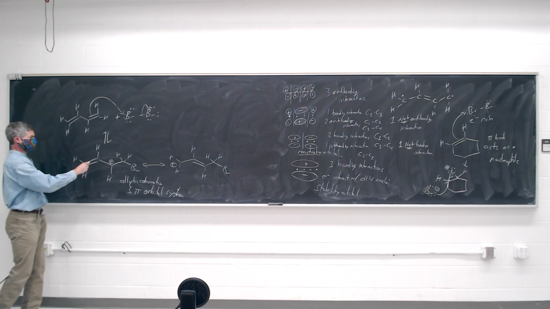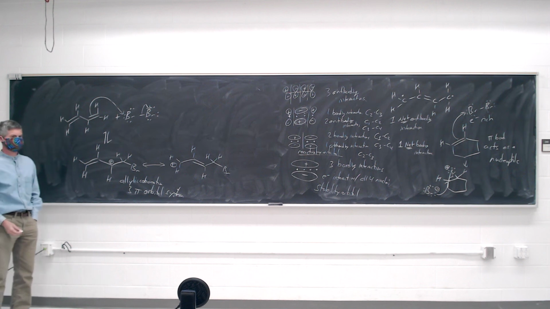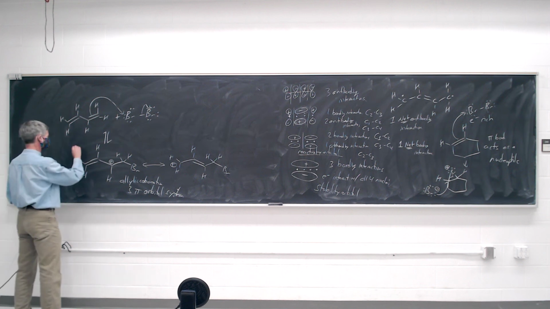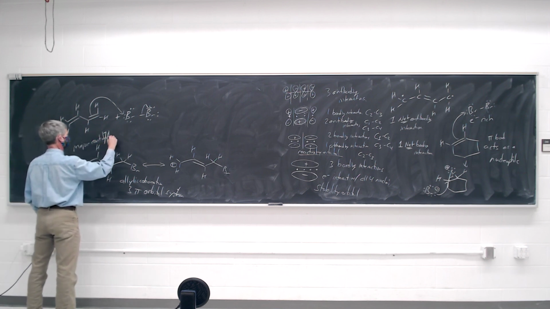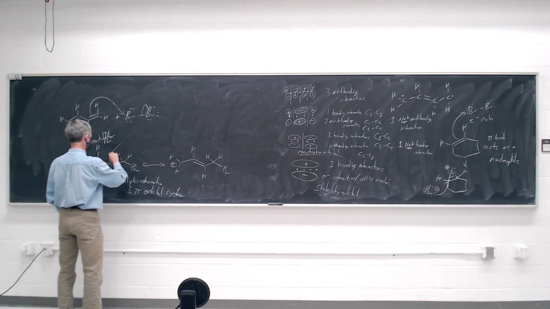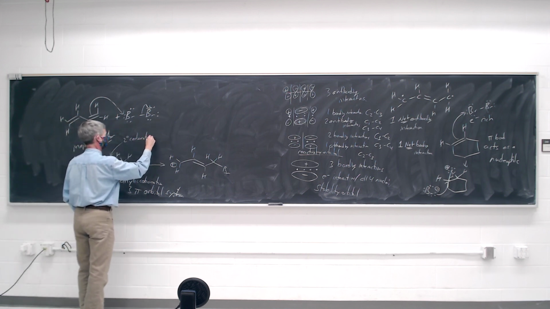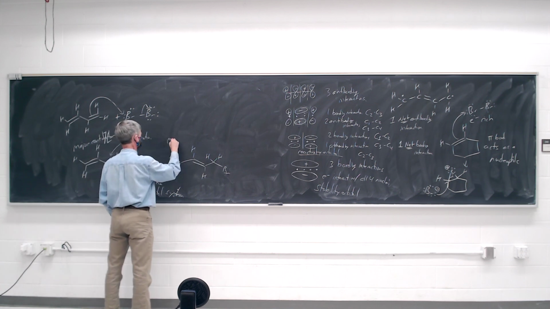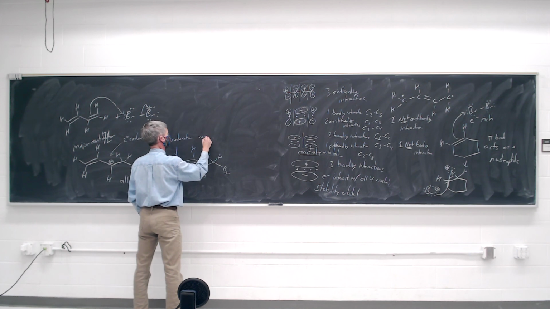Which one of these two resonance structures is the major contributor? The one on the left or the one on the right? The one on the left. This one, why? It's more stable because it's more substituted. So this is the secondary carbocation. This one is the primary carbocation.